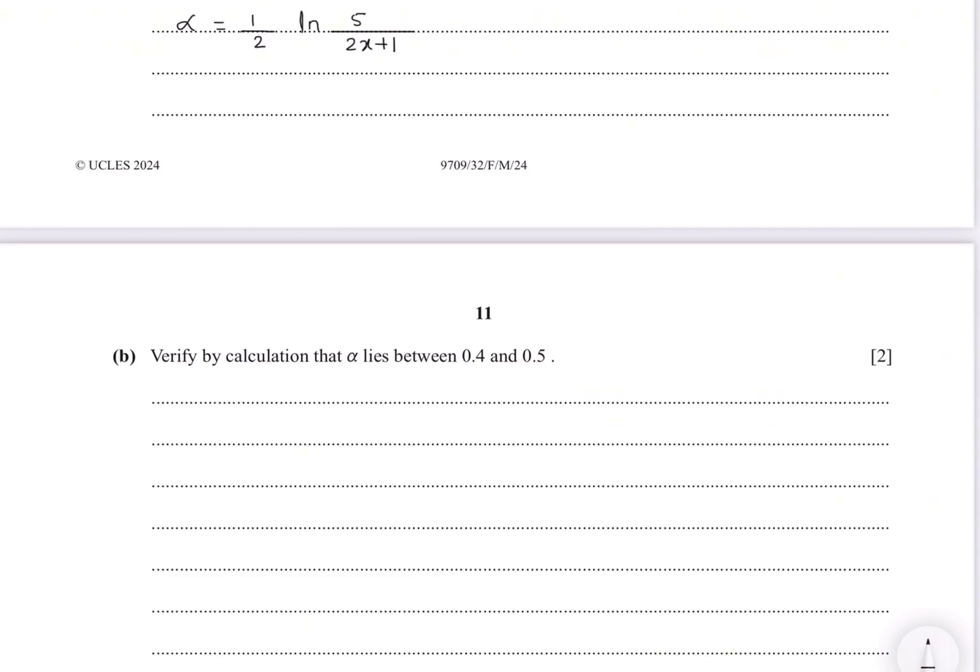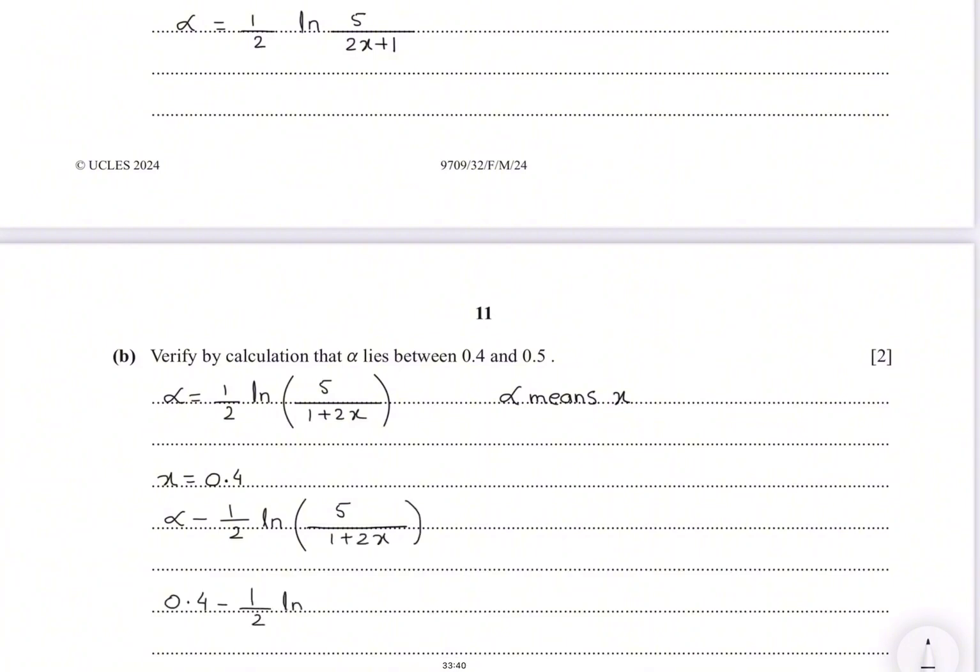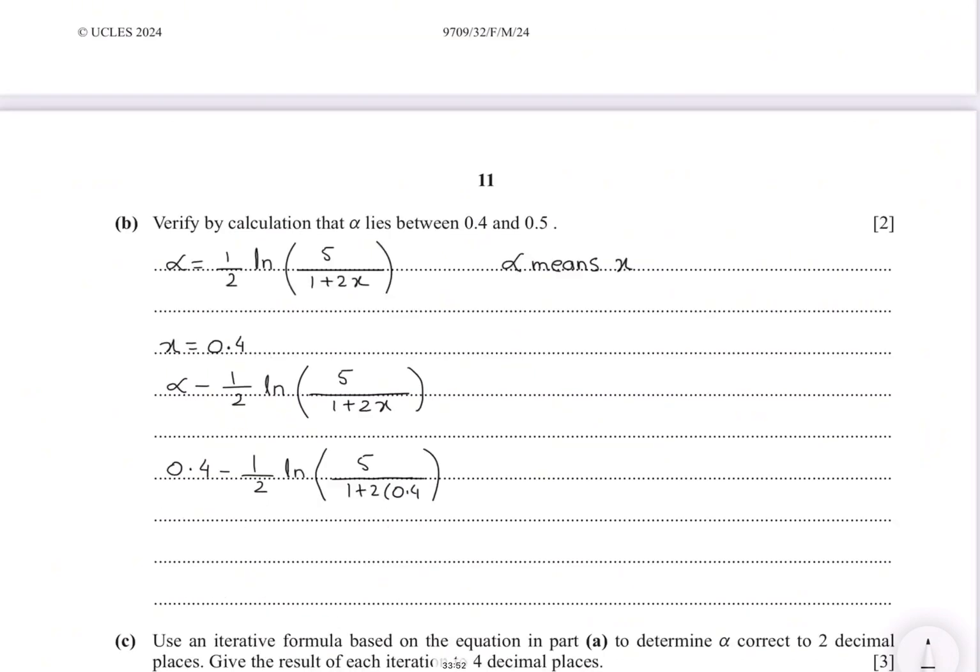Okay, verify by calculation that alpha lies between 0.4 and 0.5. So your alpha is 1 over 2 ln 5 over 1 plus 2x. So your first value of x would be 0.4. So 0.4 minus 1 over 2 ln 5 over 1 plus this.